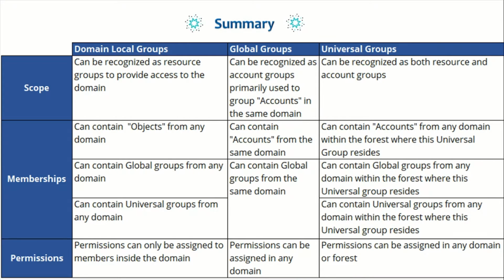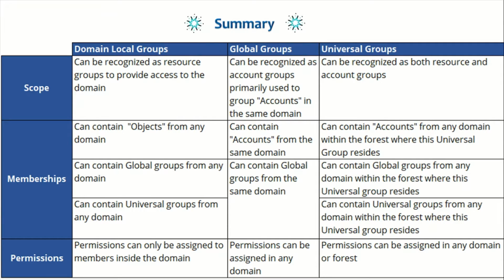So let's look at the summary. So we have scope, membership and permissions, and we have domain local group, global group and universal groups. So the domain local scope is limited to its own domain, global scope is the entire forest, and universal scope again is the entire forest.